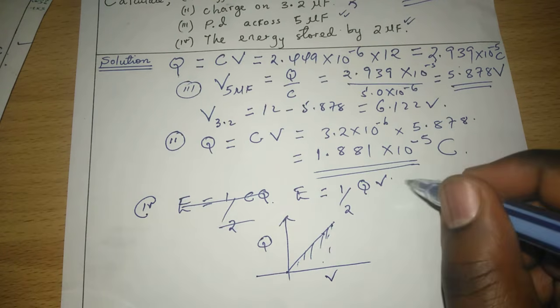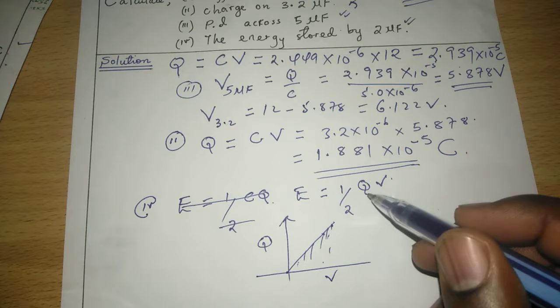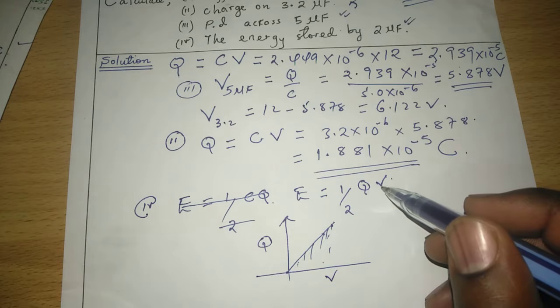So this means that we can get energy stored by half Q times V.